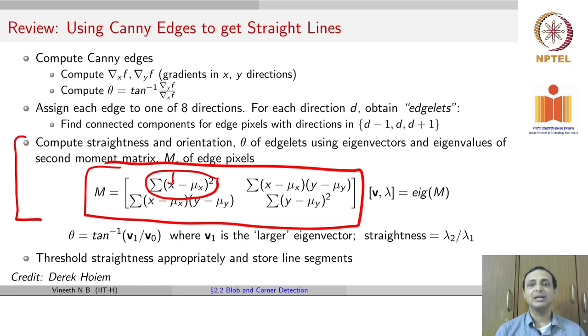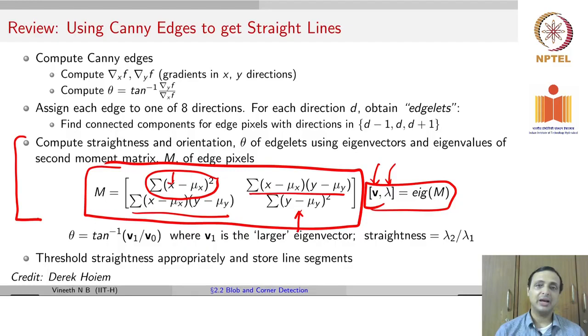So you're simply computing, in some sense, a variance with respect to the mean edge pixel along the x direction. Similarly, you have a variance along the y direction of those edge pixels with respect to their means, and you also find the covariance with respect to the x and y directions. So once you have this, very similar to how principal component analysis happens, we take the eigenvectors and eigenvalues of this second moment matrix.